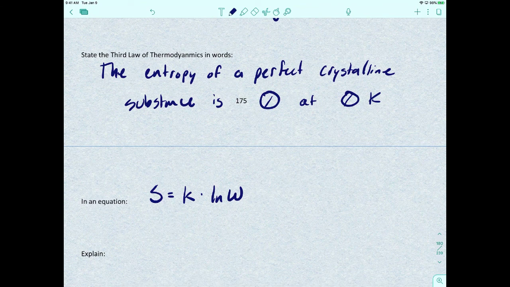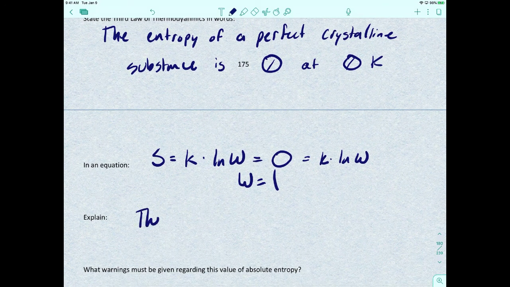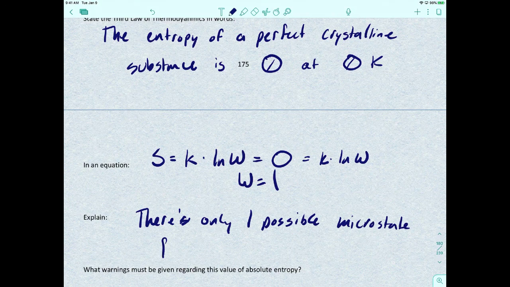If the entropy is 0, then we have this equation, k times natural log of W, and in order for this to be 0, W has to be equal to 1. So what that tells us is that there's only one possible microstate for the system.